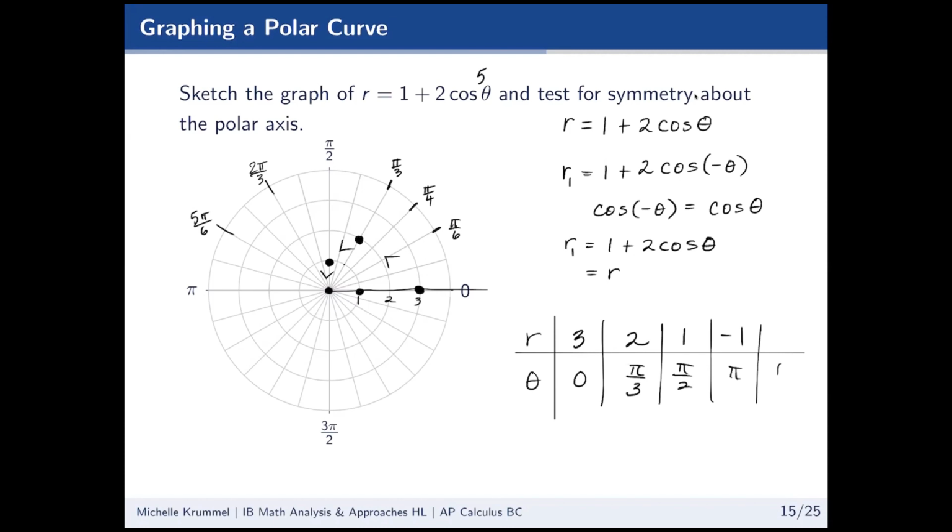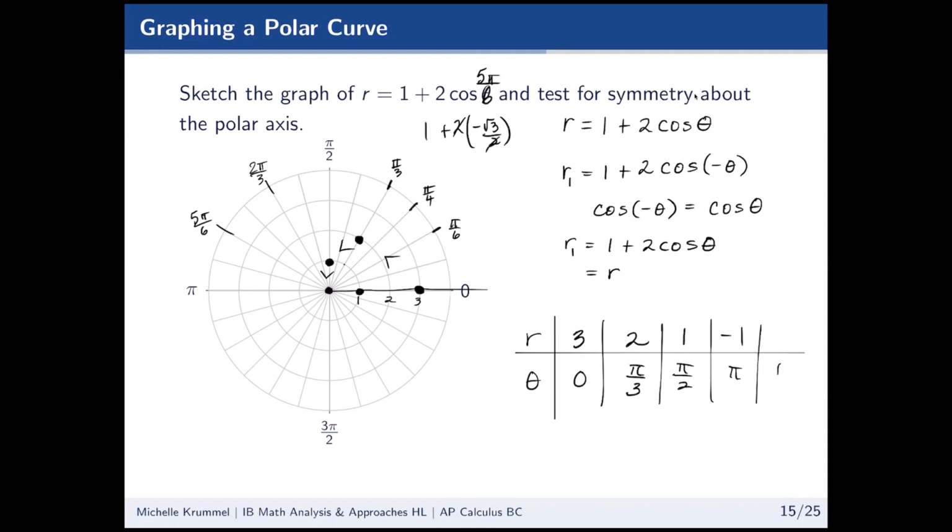So at 5 pi over 6, cosine is -√3 over 2. So we have 2 times -√3 over 2 plus 1, or 1 minus the square root of 3. Without a calculator, we know root 3 is somewhere between 1 and 2, a little closer to 2 than it is to 1.